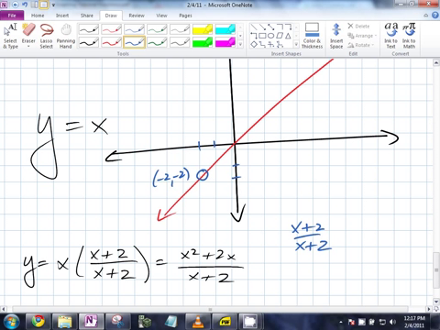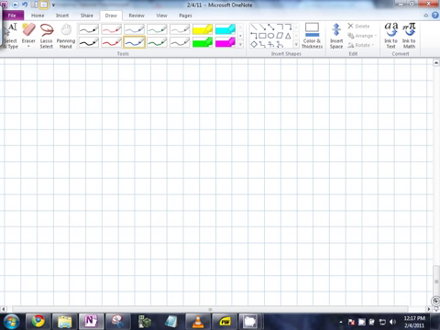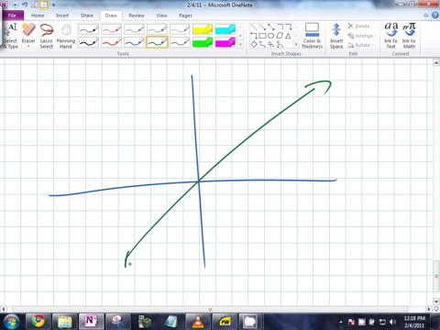So for example, let's say I gave you this. Let's say this green function is originally y equals x. Can someone just tell me what this new function is? What do you think f of x is?